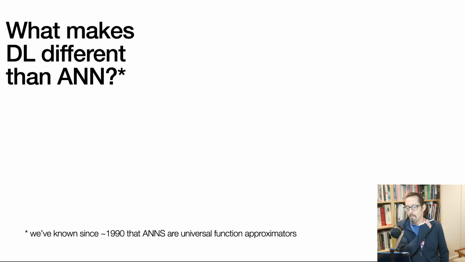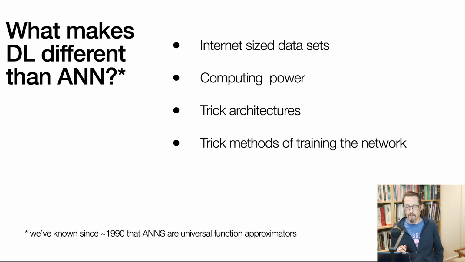So what makes a deep learning network different than an artificial neural network? Okay, it's not just that it's deep, right? There's something else that's basically nothing to do with neural networks. The differences between a deep learning network and what was going on in the 1990s is really just tricks, right?